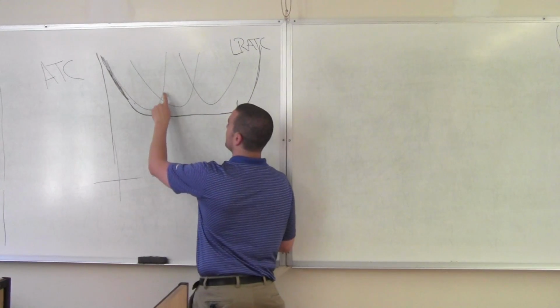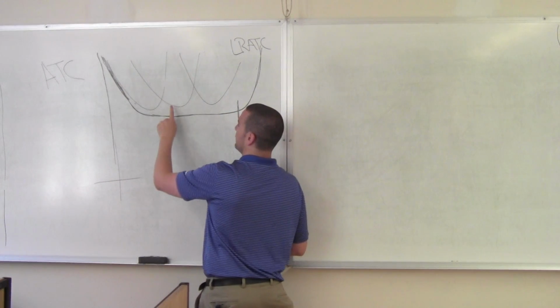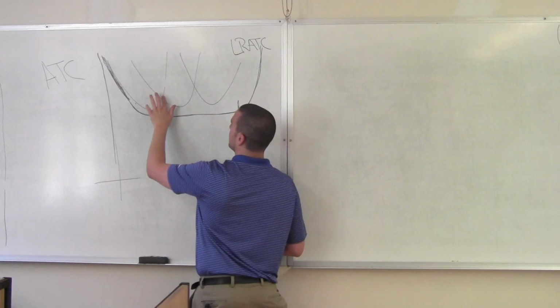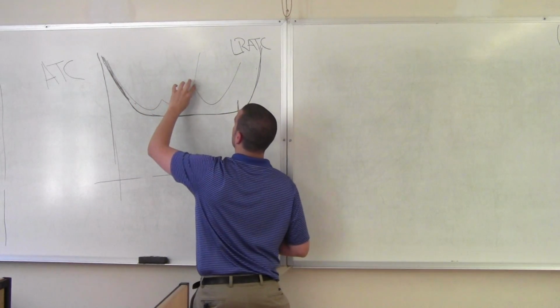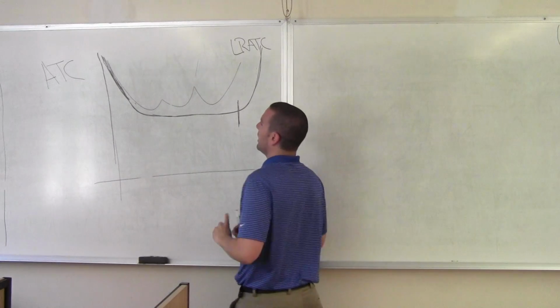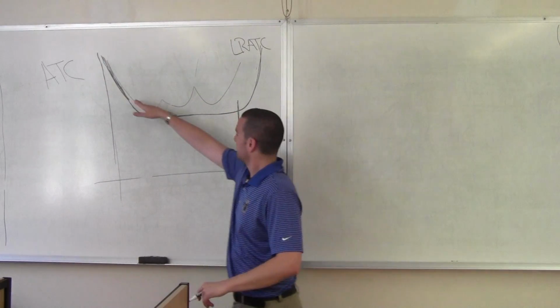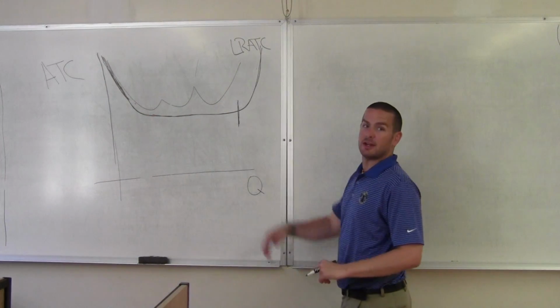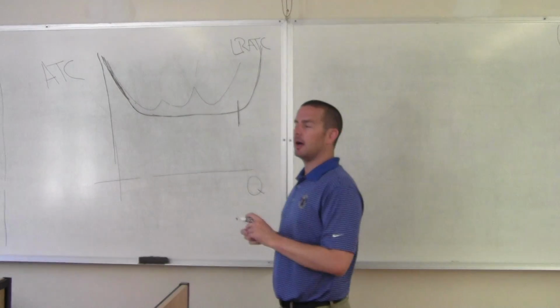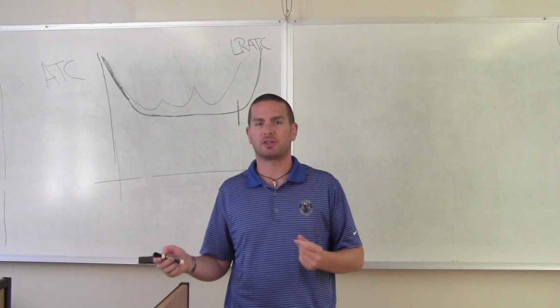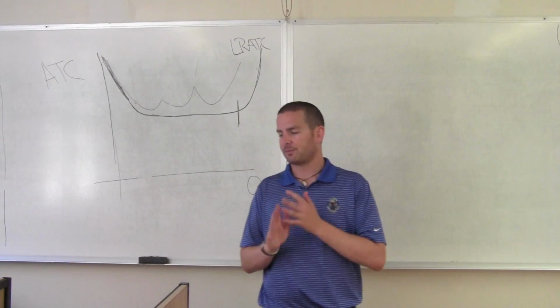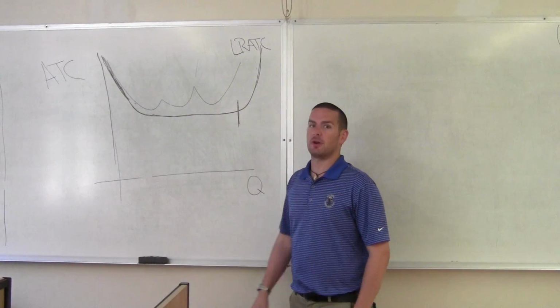Why would you produce here if you could produce there? So you simply take these all out. And if you take them all out, you get a nice smooth, long-run average total cost curve. Okay? So that's where it comes from.